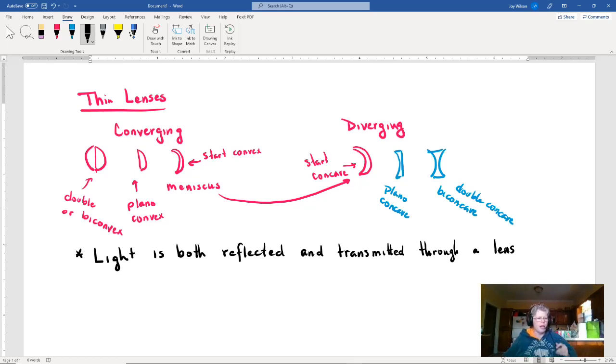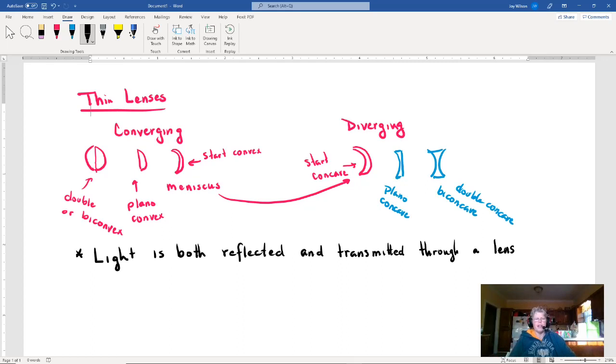So as soon as the light hits the lens itself, some of the light will bounce back, and some of the light will pass through. The tricky bit is that we're mostly working with objects that are transparent. So lenses are transparent, which means most of the light transmits and only a little bit of it gets reflected in the ways that we're using it for this class.